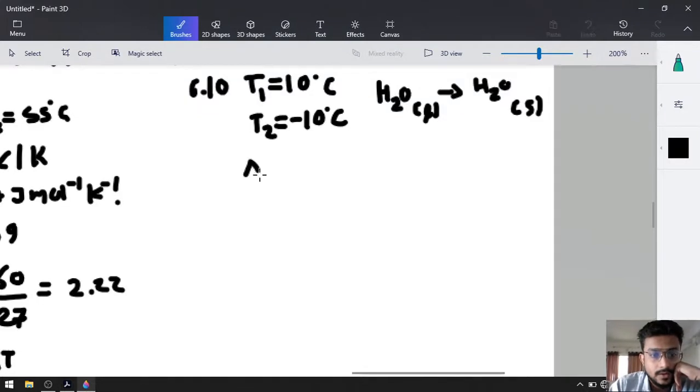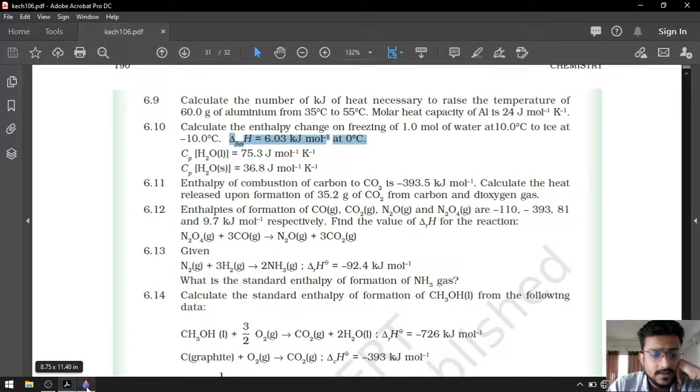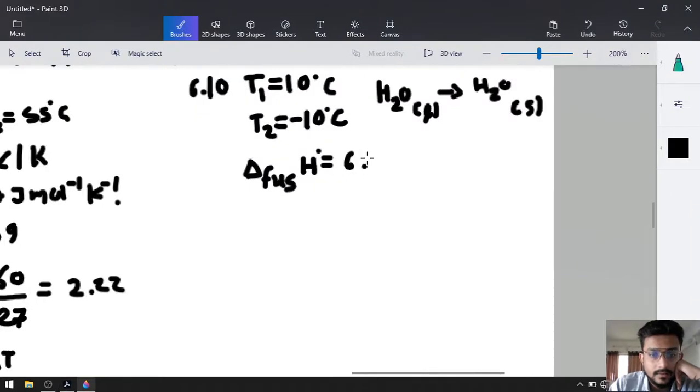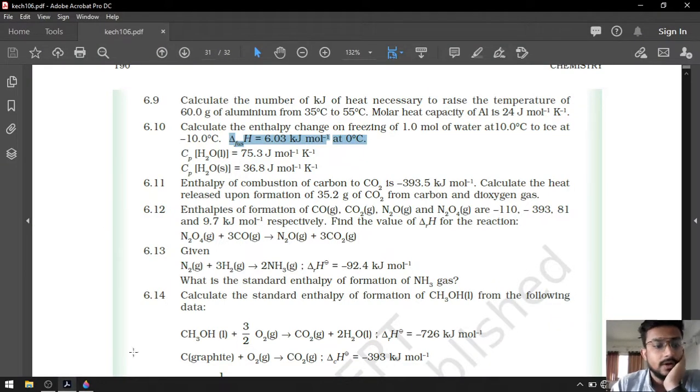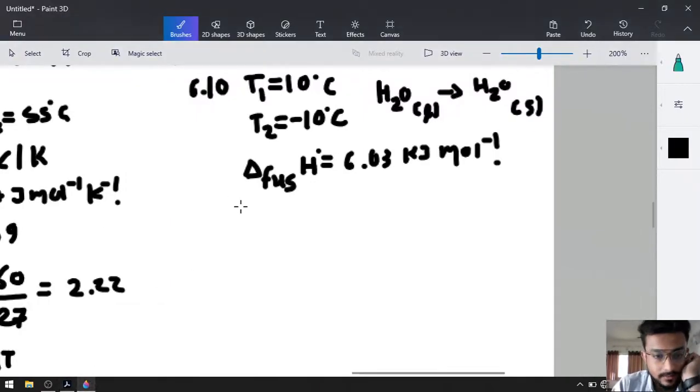So delta fus H naught has been given. It is equal to 6.03 kilojoule mole inverse.